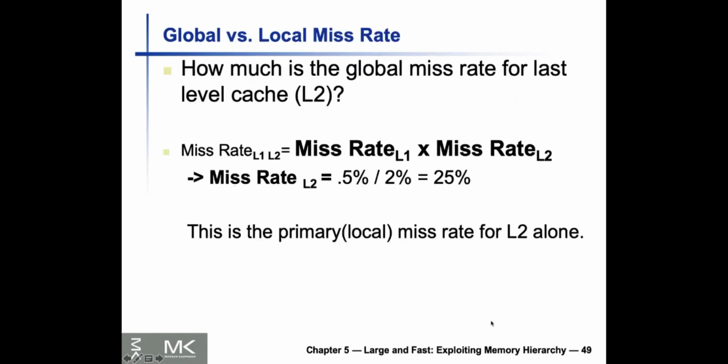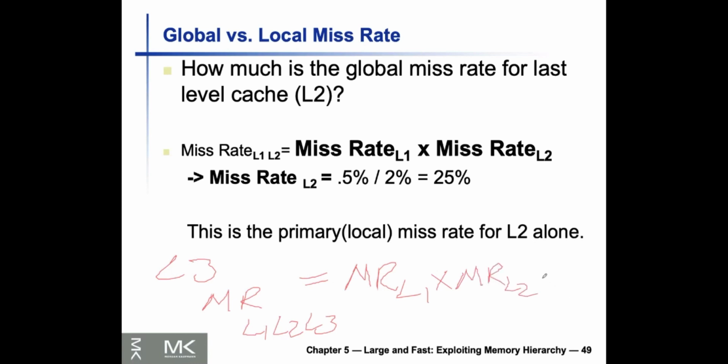And in the case of having multiple levels of cache, there was another question from a colleague. You can easily find the global miss rate as the multiplication of all of them, like L1, L2, and L3. We can call it miss rate. In the case of having L3, that would be the miss rate of L1 multiplied by the miss rate of L2 multiplied by the miss rate of L3.